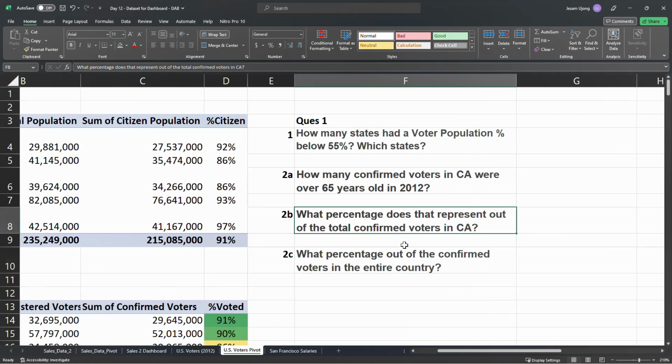I've seen 2A and 2B. Anybody attempting 2C? 2C feels technical.